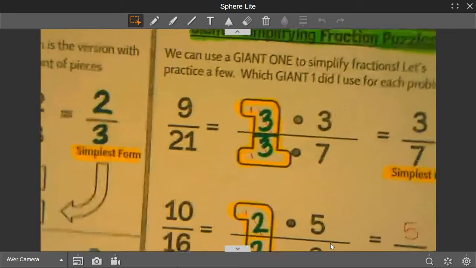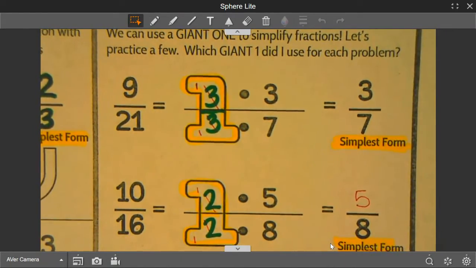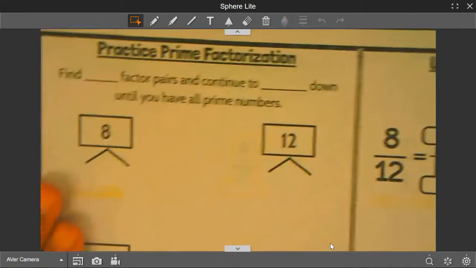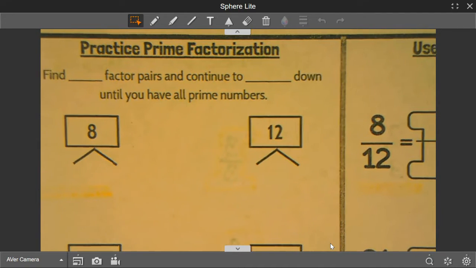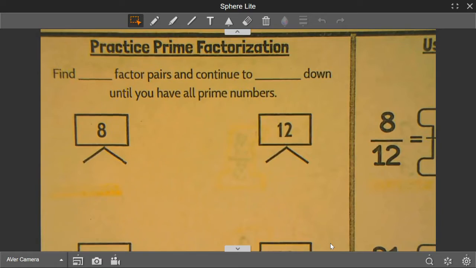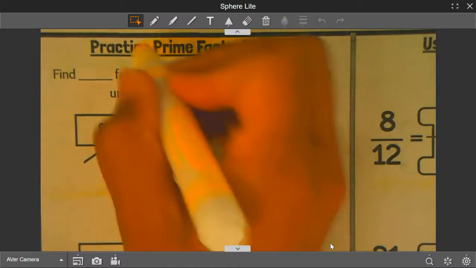We did some practice with giant 1 puzzles to simplify a fraction. Now on the back side, we're going to practice some prime factorization because that helps us simplify a fraction. All right, so just a quick reminder on how we do that. So how do we prime factorize?